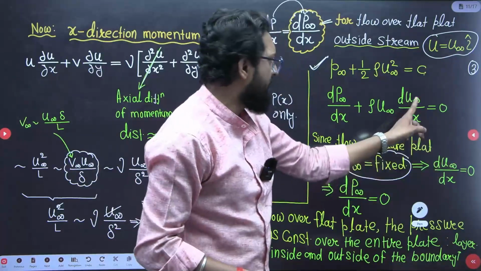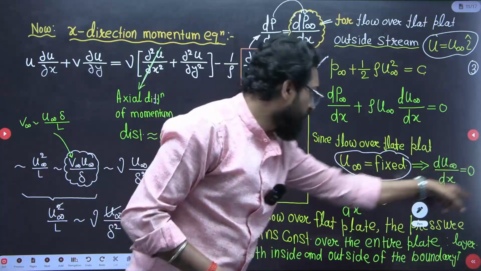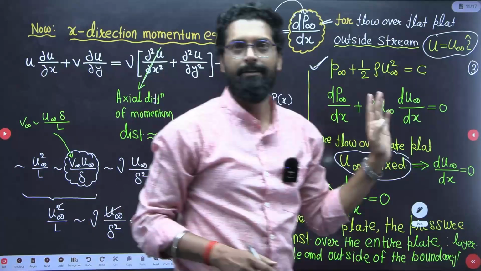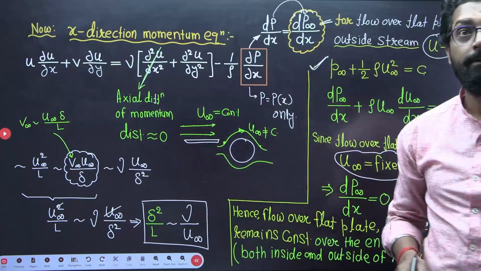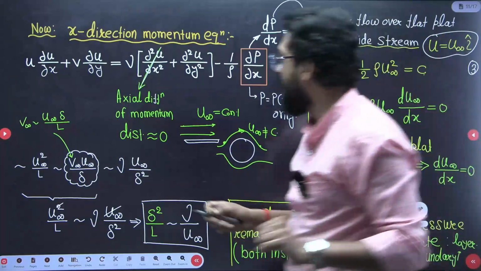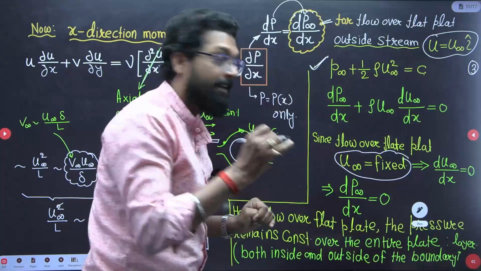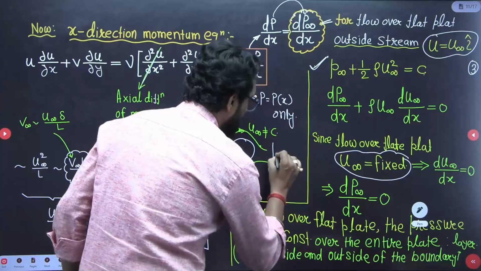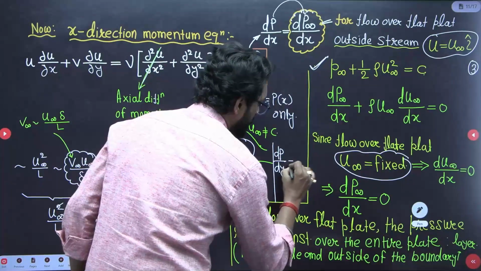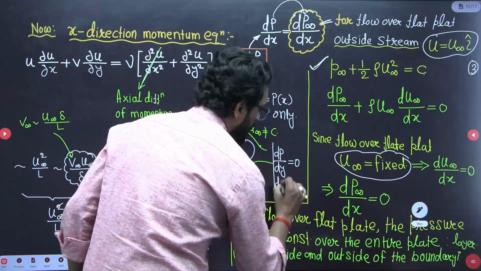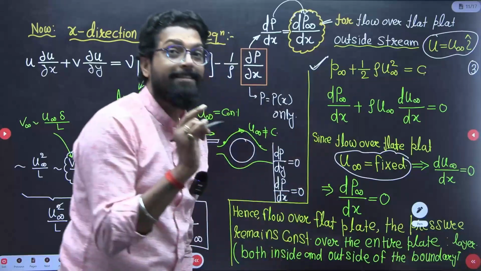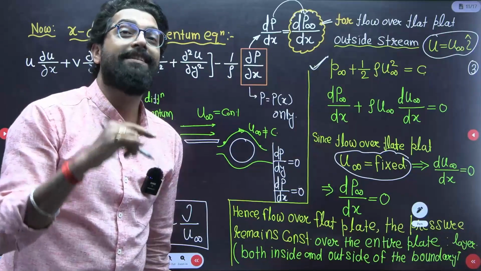That means du infinite by dx is equal to 0. That means dp over dx is also 0. See the beauty. For flow over a flat plate, very important, dp by dy is equal to 0, and also dp by dx is equal to 0. That means pressure is not a function of x and y.